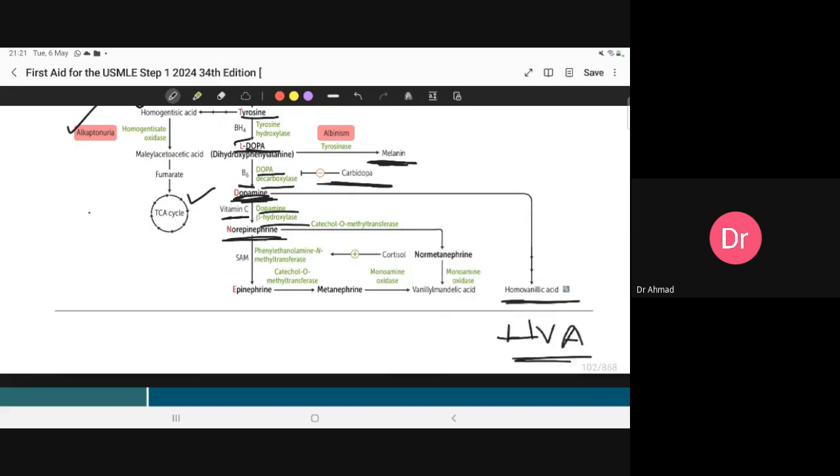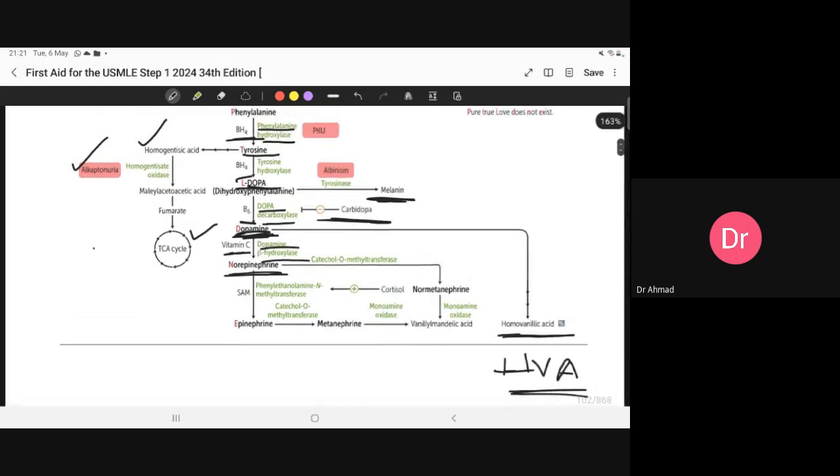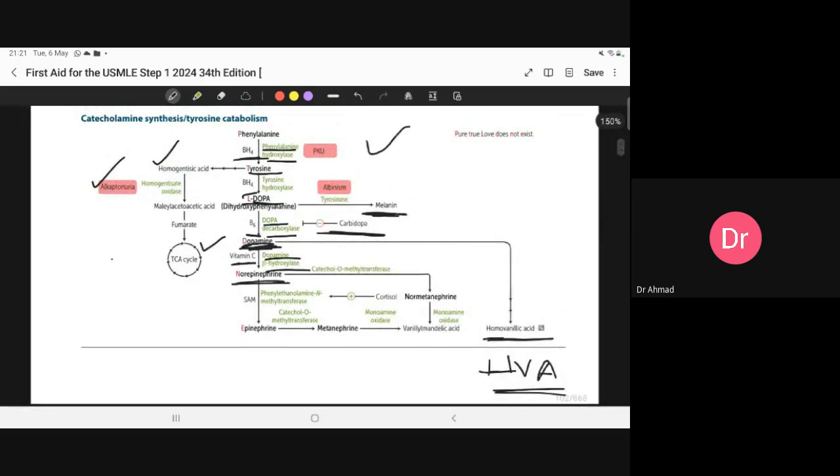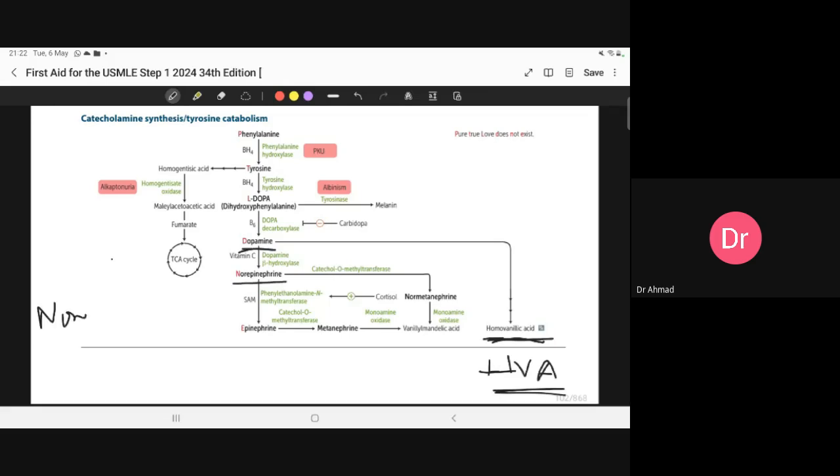That's why this can be detected whenever you have high activity of this pathway, like in pheochromocytoma, where you produce a lot of epinephrine and metanephrines. So dopamine can be converted into norepinephrine, and norepinephrine can be converted into epinephrine. We will talk about this.